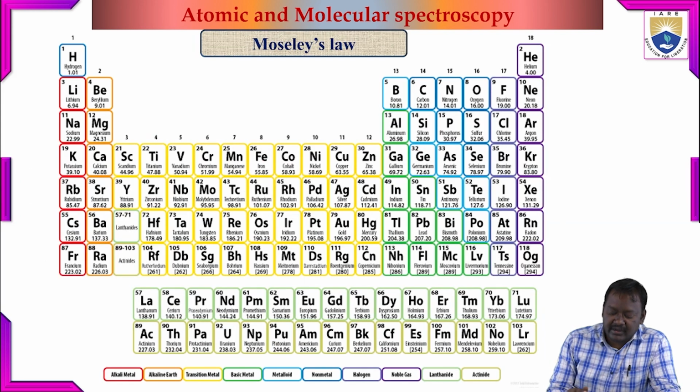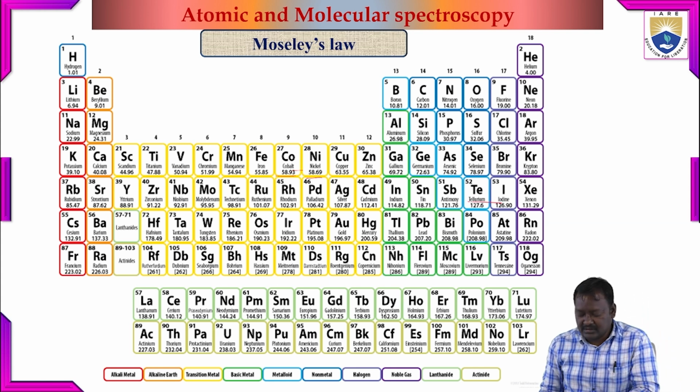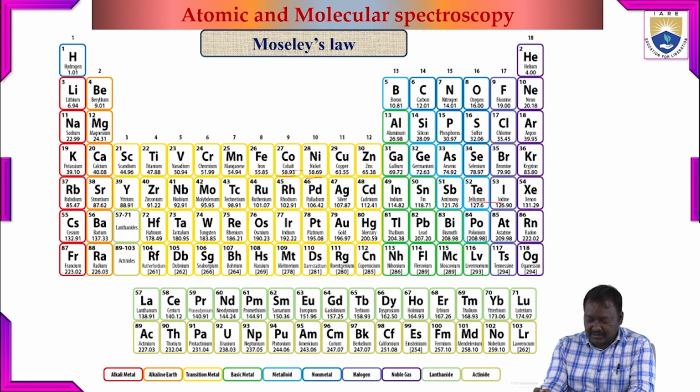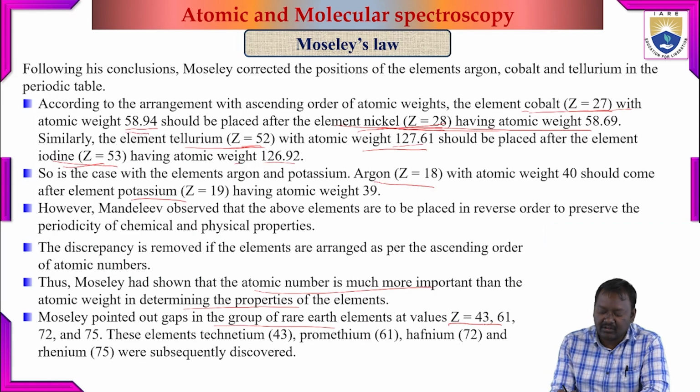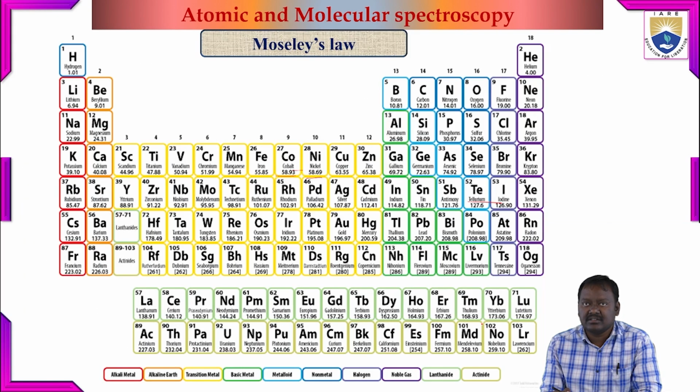So this is the table we can see here: cobalt and nickel, and again, as we said earlier, tellurium and iodine, and also the gaps. These are the gaps observed at Z equal to 43, 61.